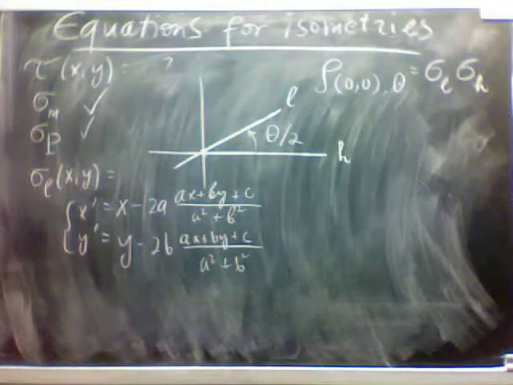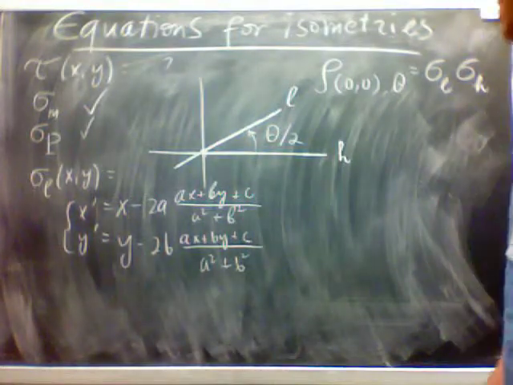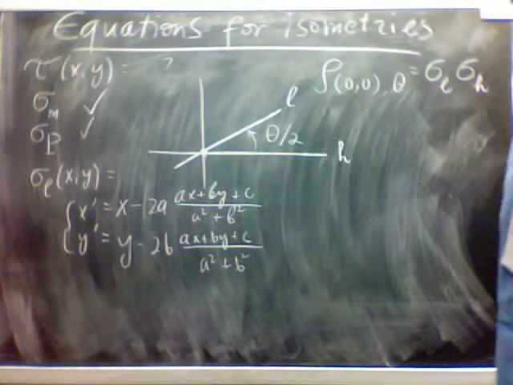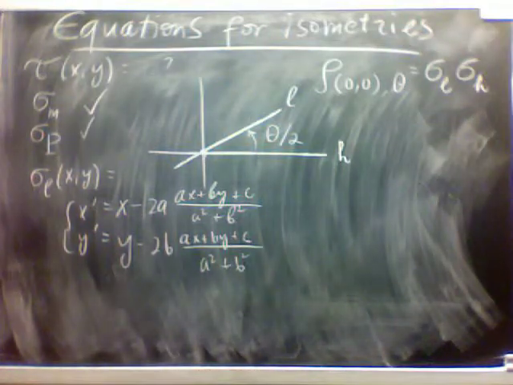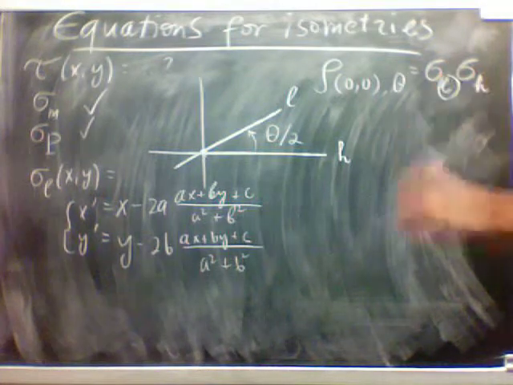So what are those a, b, and c? Of course, pause and think. Those are the coefficients in the equation of the line L that we are looking at.